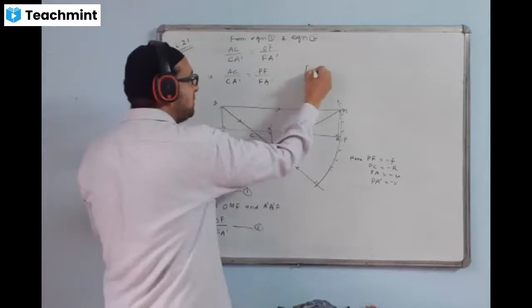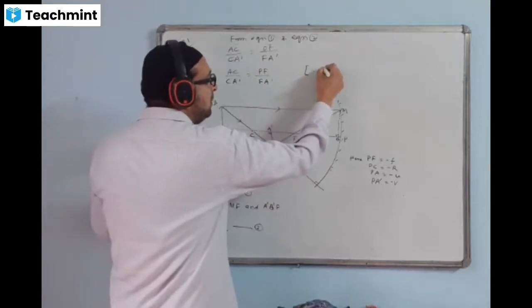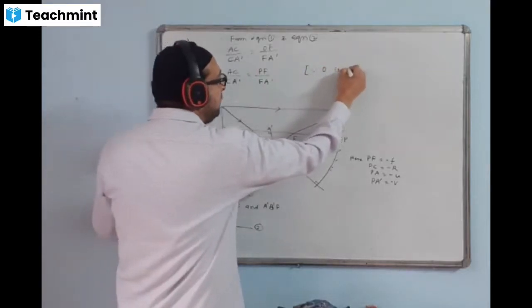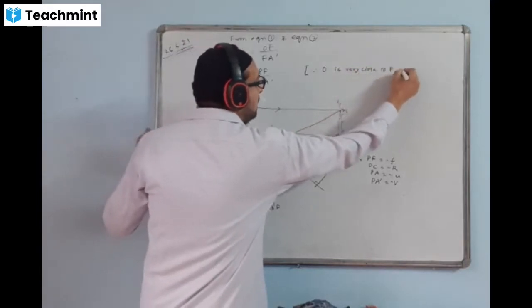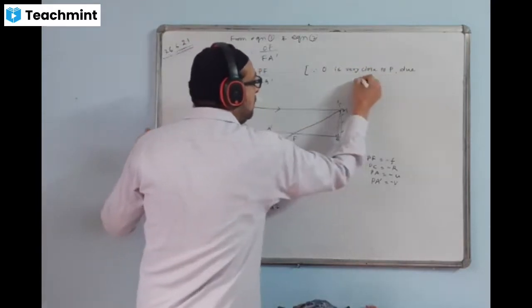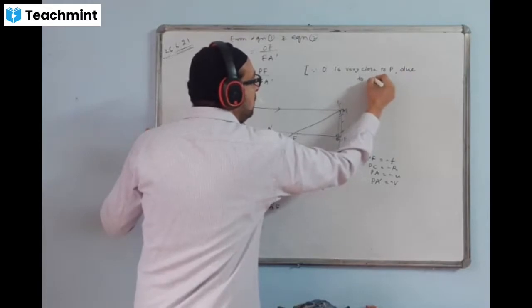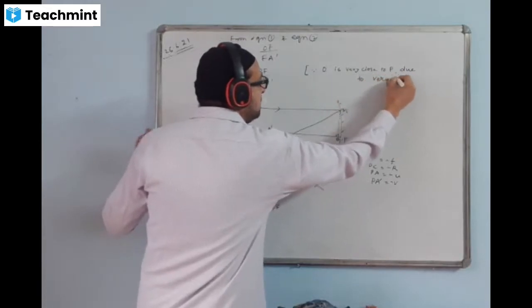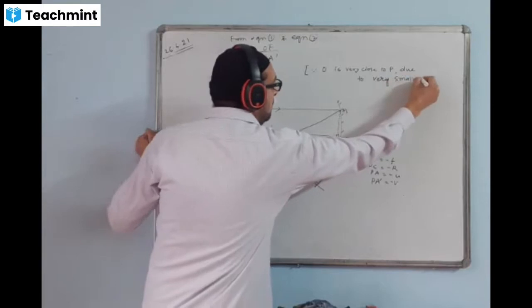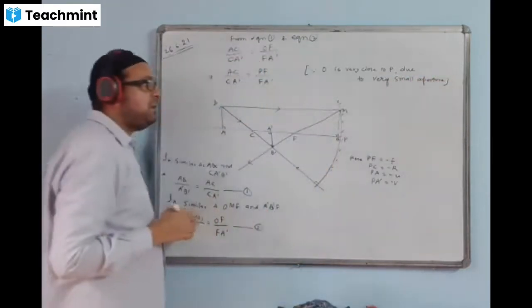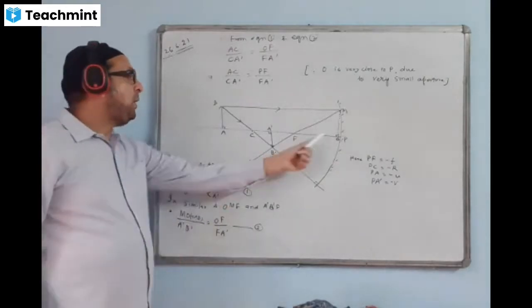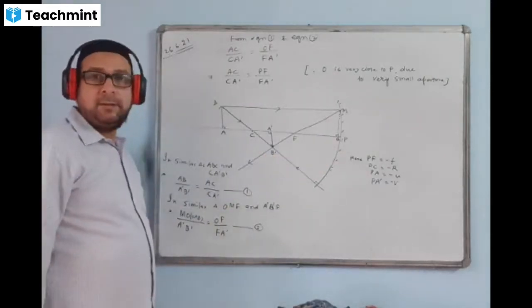Since O is very close to P due to very small aperture, we are assuming the aperture to be very small, so the point O is very close to the point P.